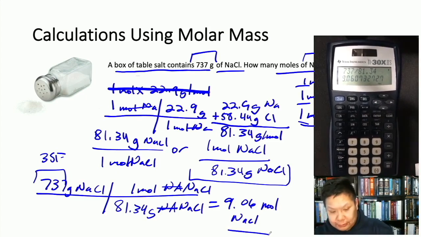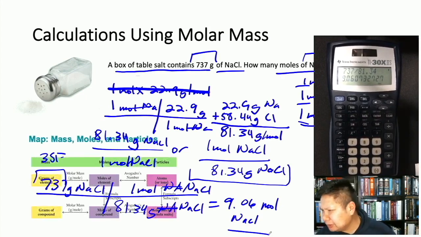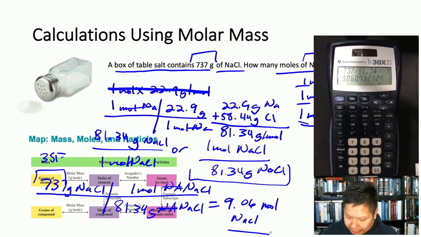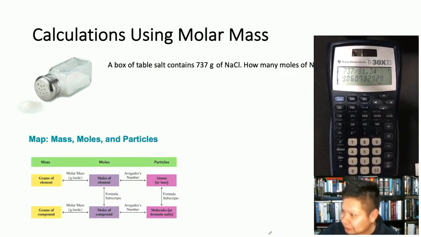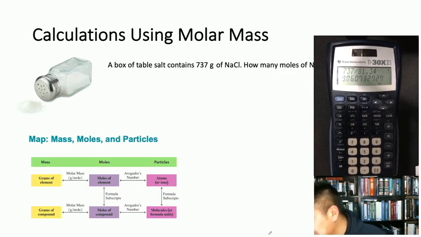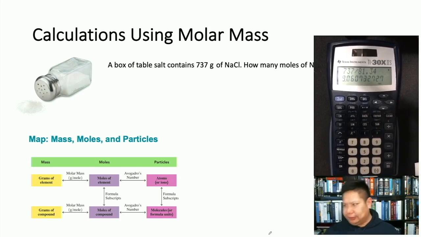So the next thing on the slide is a little chart that helps you figure it all out, kind of like a shortcut chart to show you the relationships and how to go back and forth between them. Let me erase the work there so you can actually see it. Again, if you needed to write all that down, just pause the video. But yeah, that's just a little summary chart of all the molar calculations that we just did.